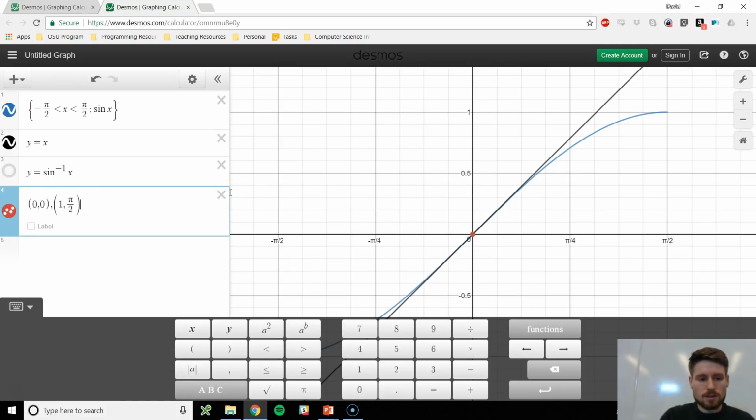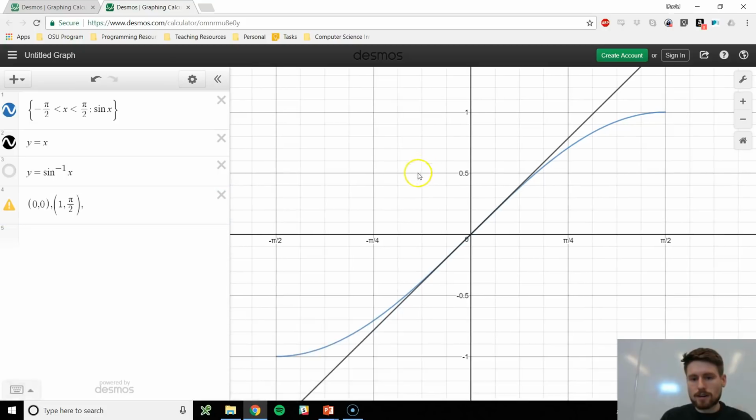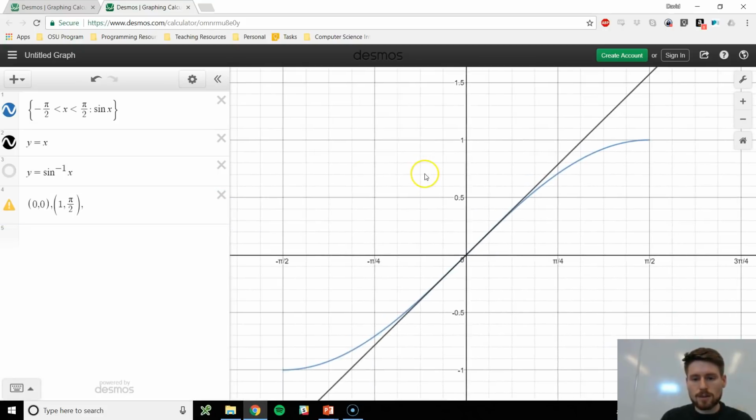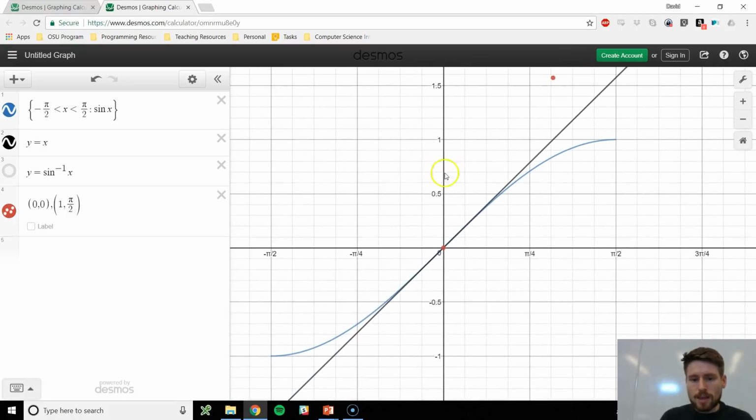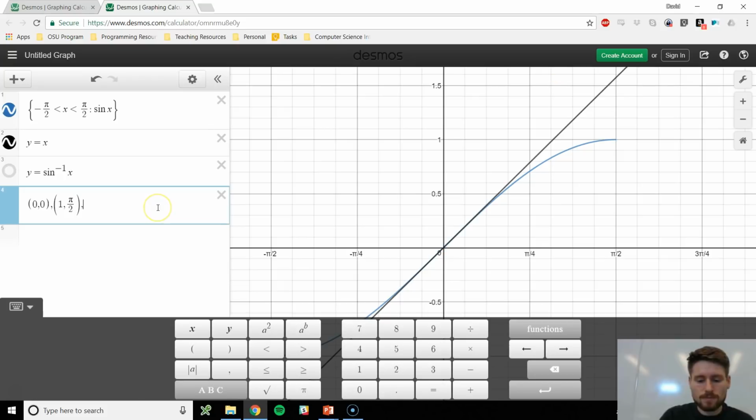(1, pi/2). And let's see, where did that go? Oops, it's gone because I put a comma. So it's right there. And then this point down here at (-pi/2, -1), when we swap those around, we get (-1, -pi/2).